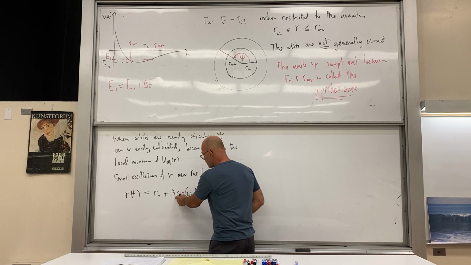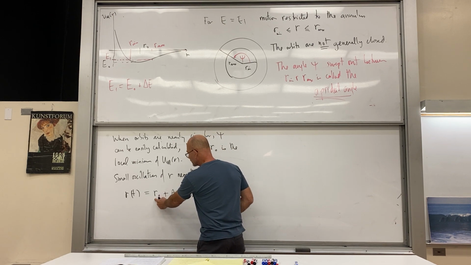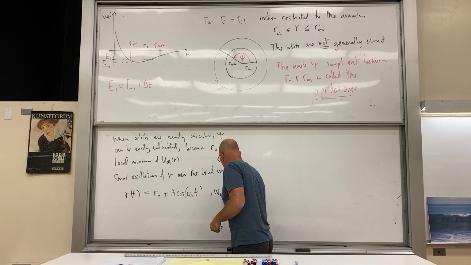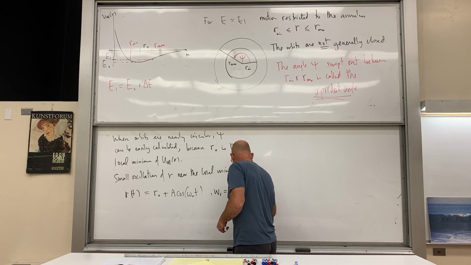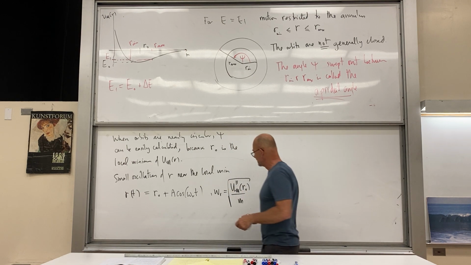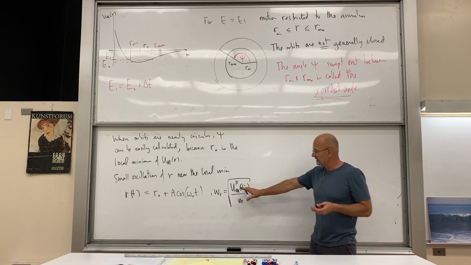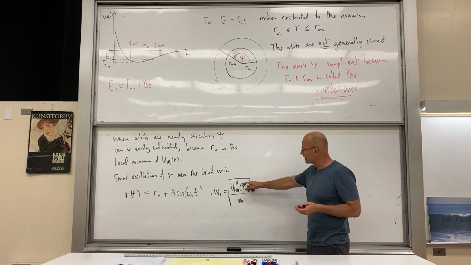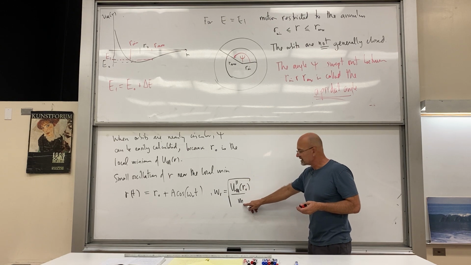A is very small, so we're very close to a circular orbit, and omega sub R is simply the effective potential second derivative. Just as the frequency is always the second derivative of the potential divided by the mass.